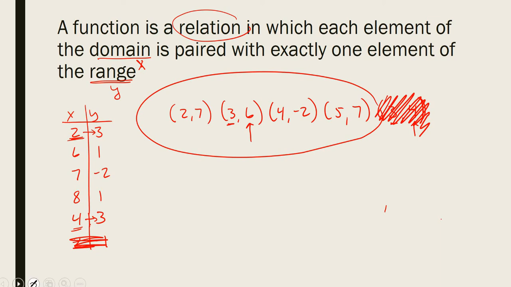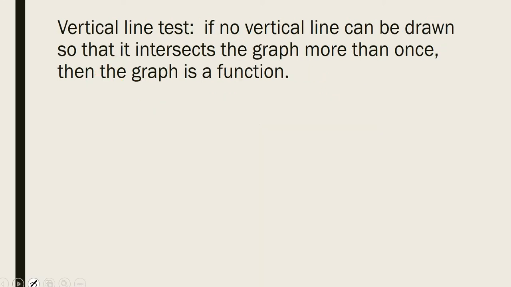Sometimes we can also tell if something is a function by using a vertical line test. We do this when we have a graph. So if I have a graph of some ordered pairs, say 1, 1, 2, 3, 3, negative 1, negative 1, 2, negative 2, 3.